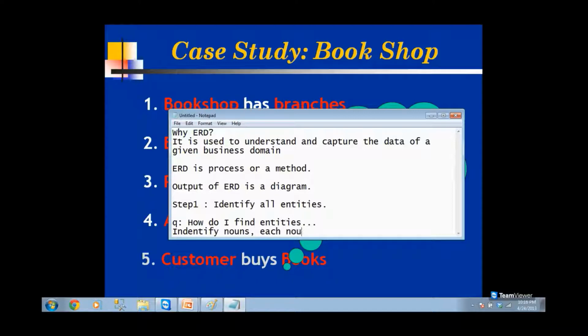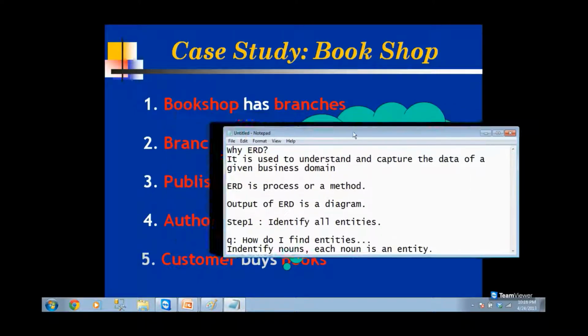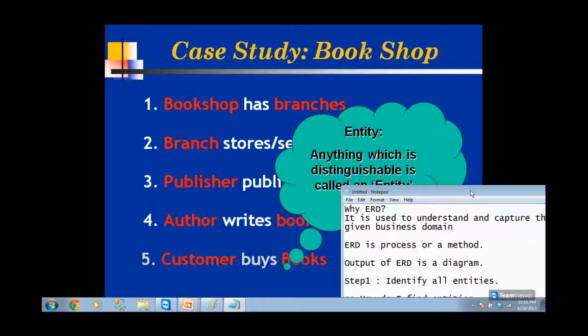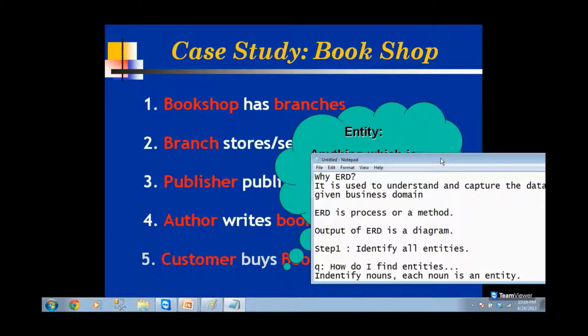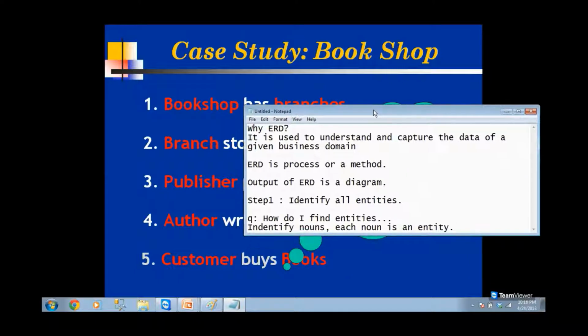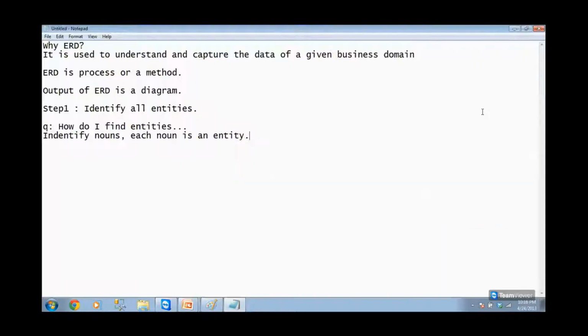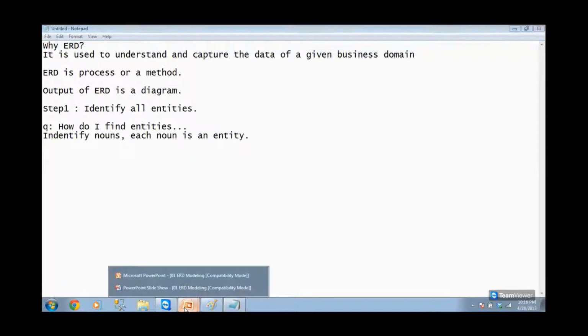Each noun is an entity. That's what you have to understand. Identify all nouns. What do you mean by noun here? Bookshop is a noun, branch is a noun, publisher is a noun, author is a noun, customer is a noun. You identify all the nouns, and each and every one becomes an entity for you. It is very, very simple to understand.